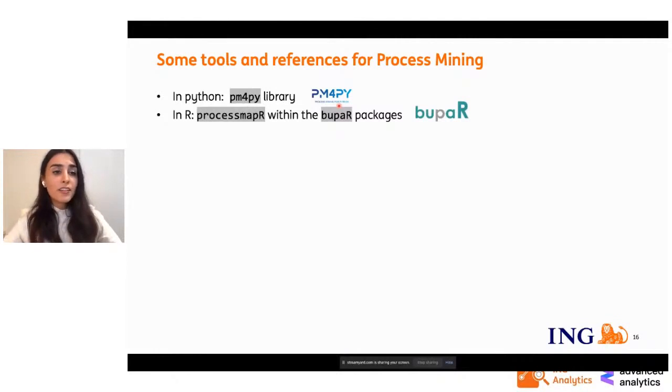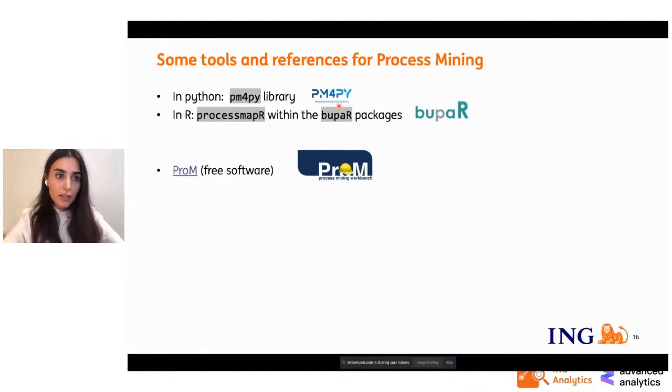For R lovers, we have process map R within the bupaR packages. And software that I actually used, which is intended more for academic usage, and it's free and written in Java, is called ProM. It was produced initially by, again, Technical University of Eindhoven under supervision of Professor van der Aalst.